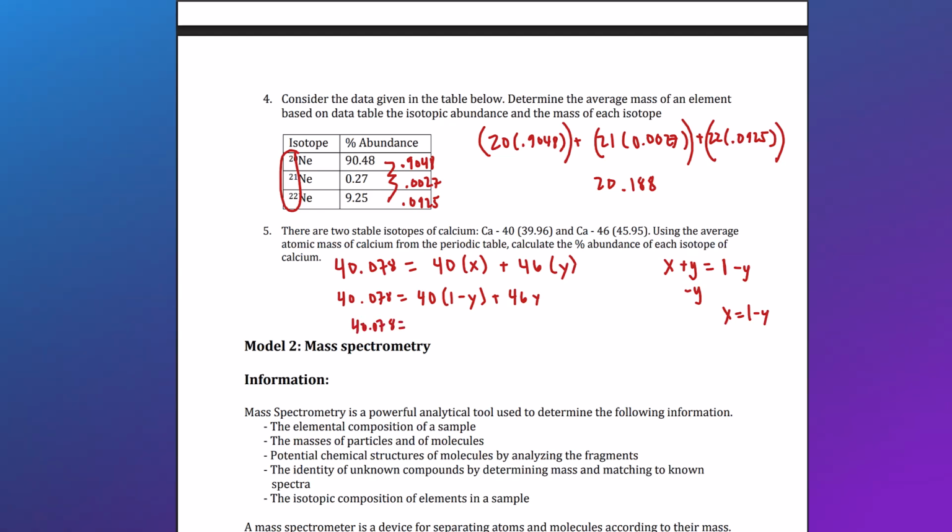I'm going to skip some of the math steps because I'm going to assume that you know how to do this, but I will go ahead and distribute this: 40 minus 40Y plus 46Y. You're going to combine like terms, so it's going to become 6Y. You'll subtract the 40 over, and you'll end up getting 0.78 equals 6Y. You divide by 6, divide by 6.